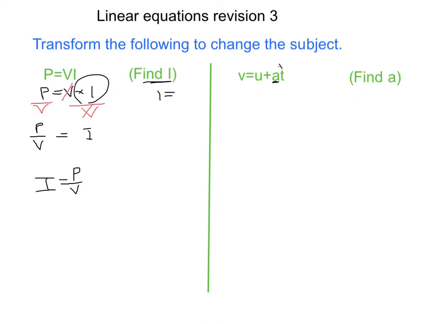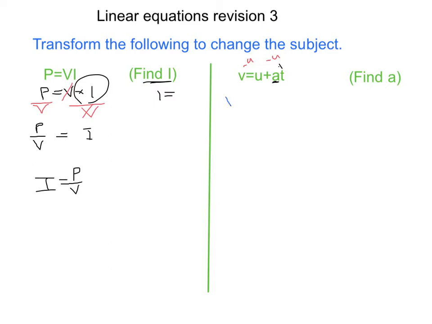If we do our reverse order of operations, what we need to do is take away U first from both sides.